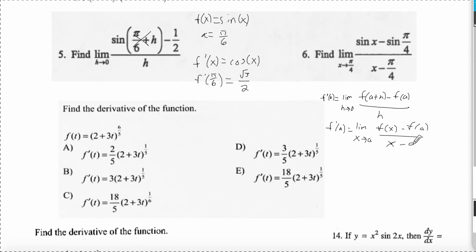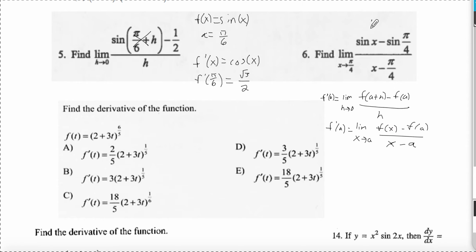All this is saying is, let's make our 2 points, our x values, get closer and closer together, and find the slope between the points there. As those 2 points get closer and closer together, this is basically the limit of our slope formula, our secant line. As the 2 points get closer and closer together, we'll get a tangent line. So I can apply this up here. I can see my function.